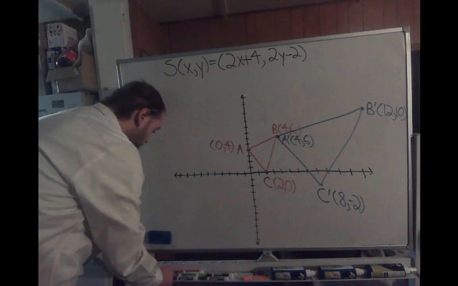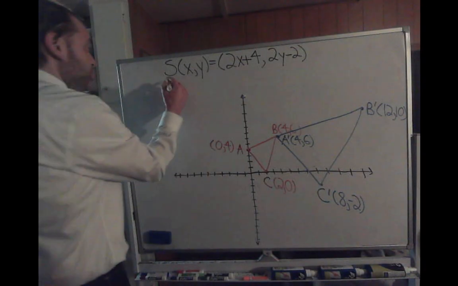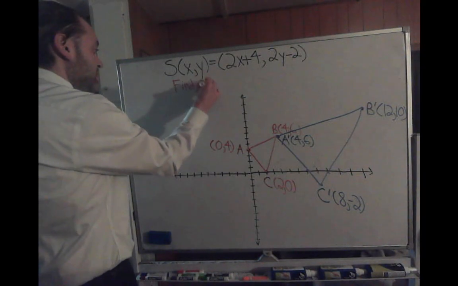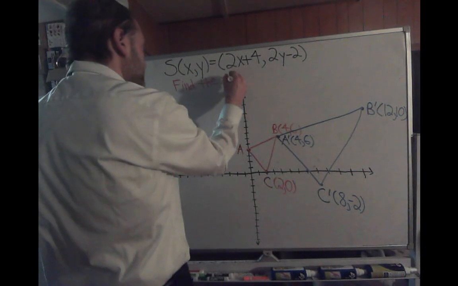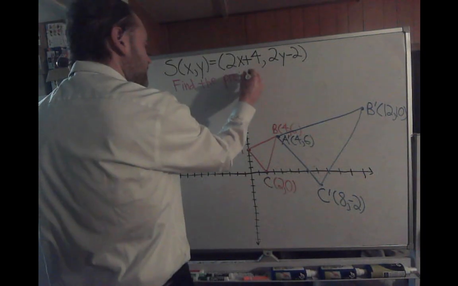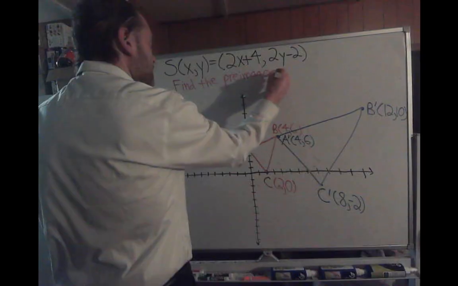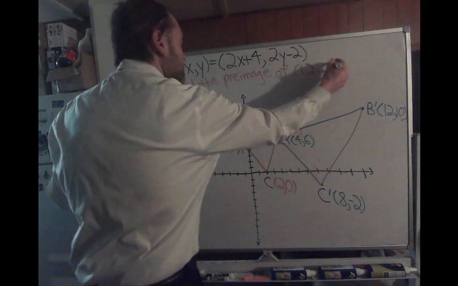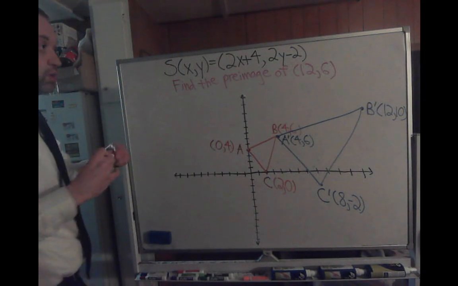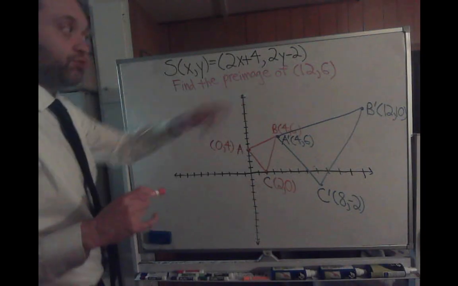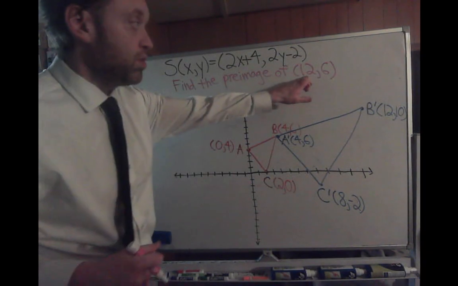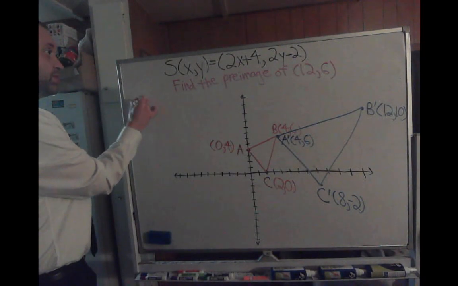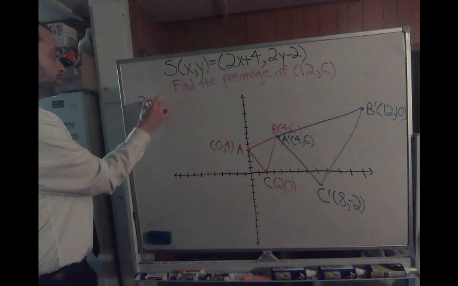Now, we want to find the preimage of 12, 6. So 12, 6 is the image, we need to find the preimage. So take each coordinate, the x coordinate of 12, set that 2x plus 4 equal to 12.